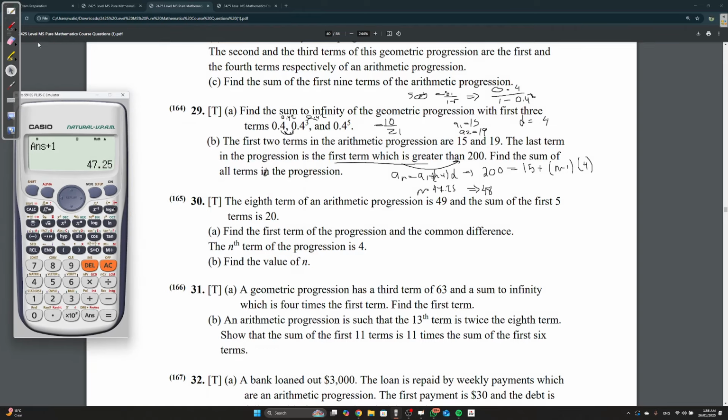What are they asking for? The sum. Okay, so we want the sum now of all these terms, because this is the last term. So if it's 48, it's the sum of the 48 terms. So Sn is equal to n over 2, times 2a1 plus n minus 1 d. So 48 over 2, 2 times 15 plus 48 minus 1, so 47, times d, which is 4.